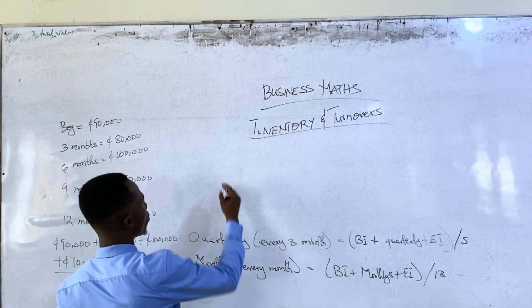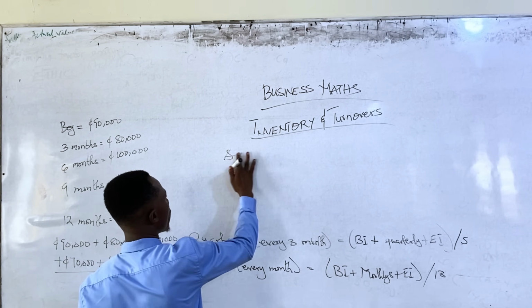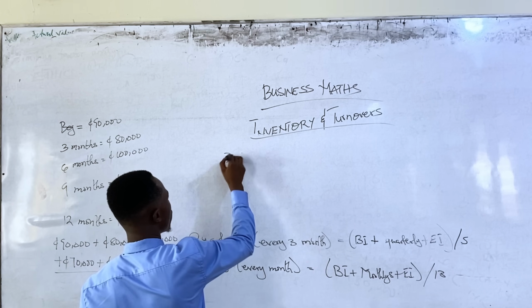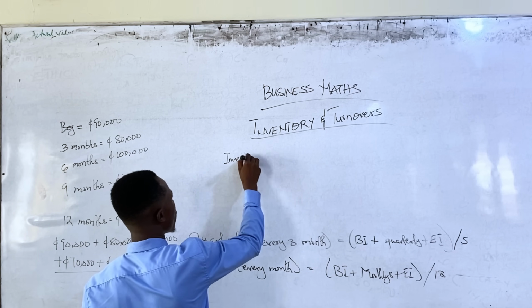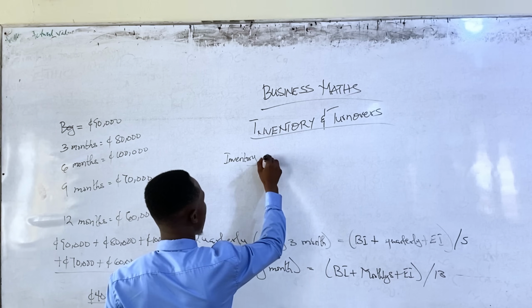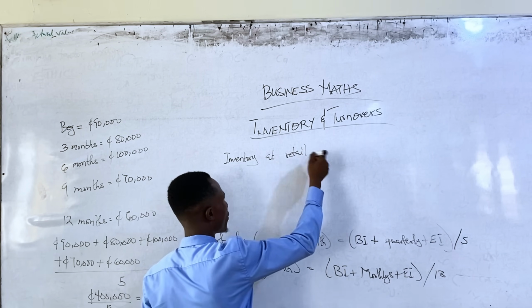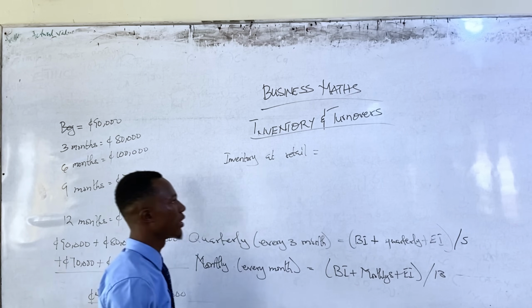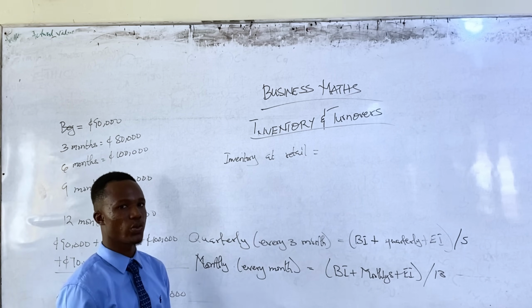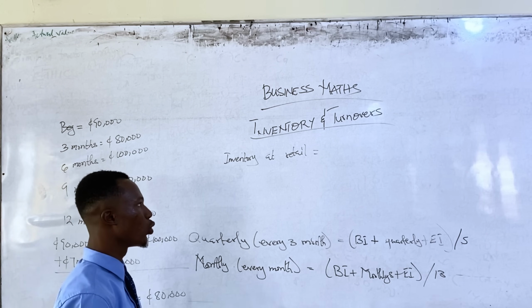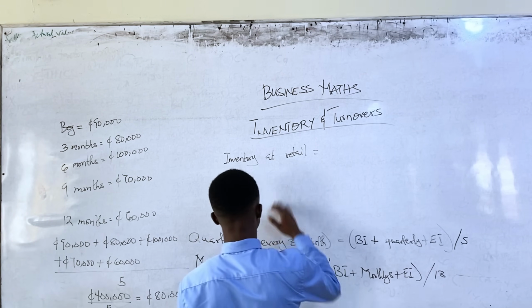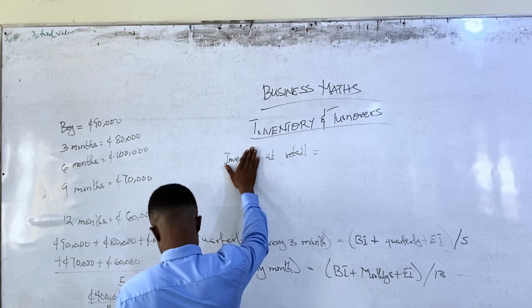And you know, when we were treating the gross profit and the retail method, we said that the retail method deals with what? Net sales, not cost of goods sold. So here, when you come to the turnover, is it turnover or inventory?